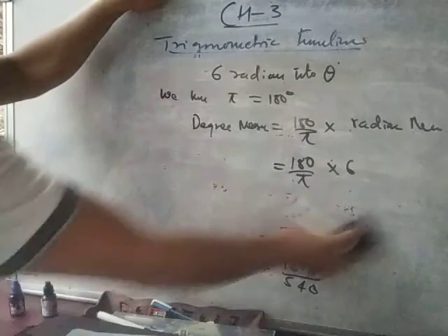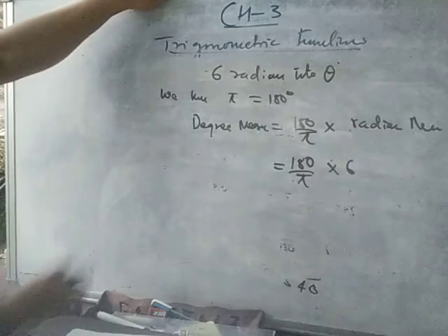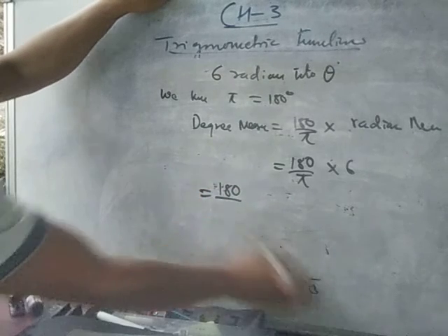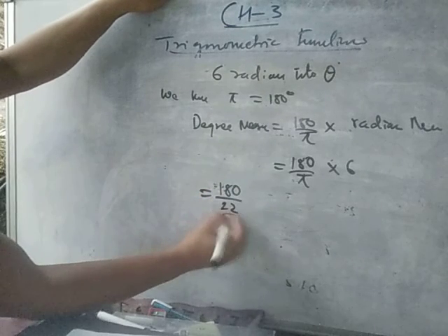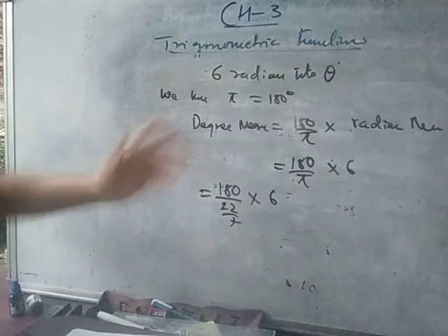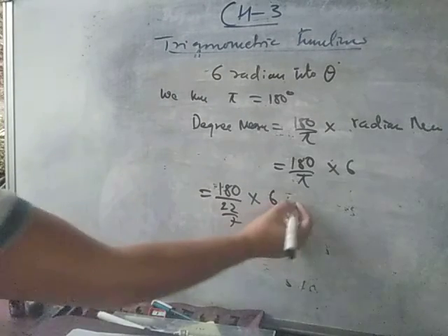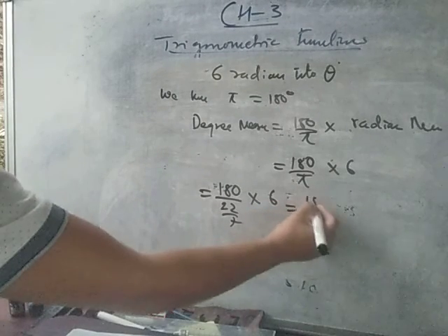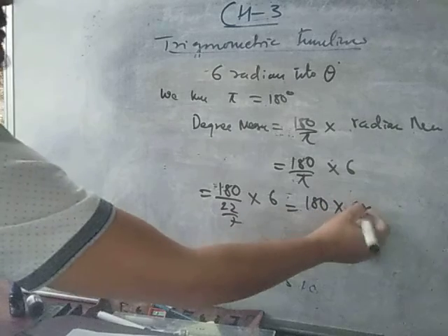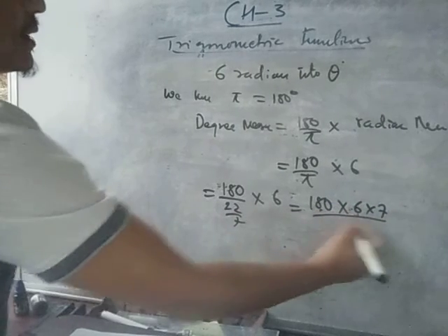If you put the value of pi, 180 divided by pi, how much? 22 by 7 into 6. So this equals to 180 into 6 into 7 divided by 22.